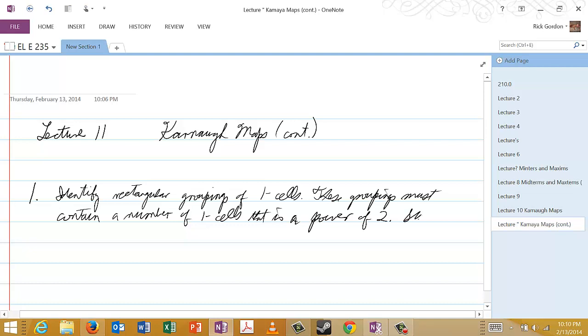Start with the largest groupings and proceed to smaller groupings.